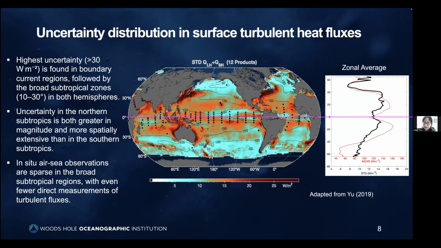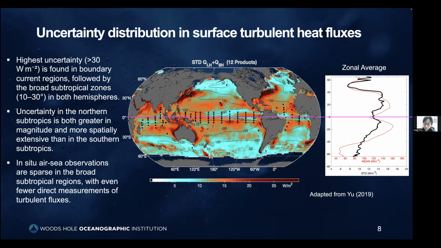And so here is the map of the global distribution of the uncertainty. I use 12 products, mostly NWP and reanalysis, because they show uncertainties in both algorithm and variables. The satellite fluxes are mostly computed from COARE, so we cannot see the impact of the algorithm on the error contribution. And clearly, there are two areas worth attention.